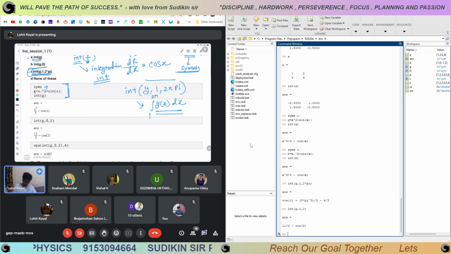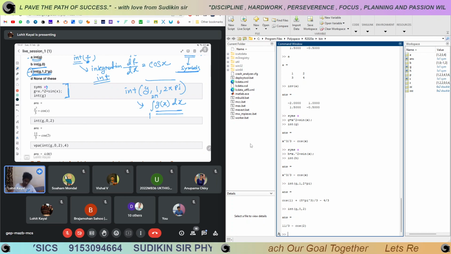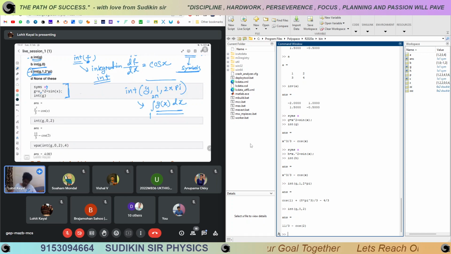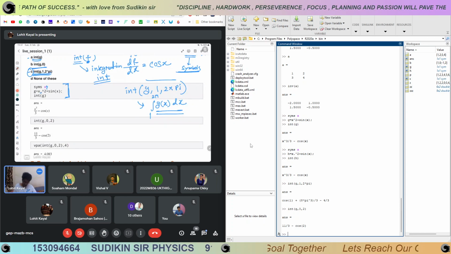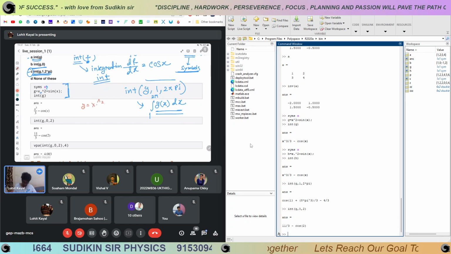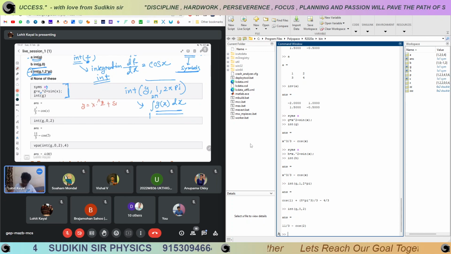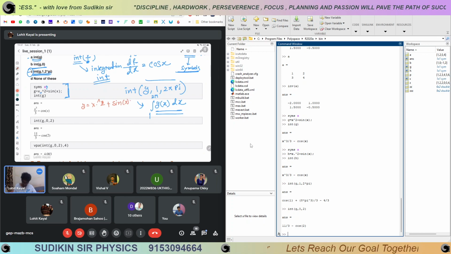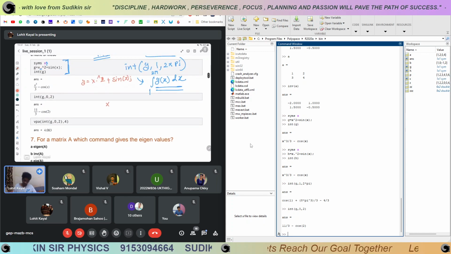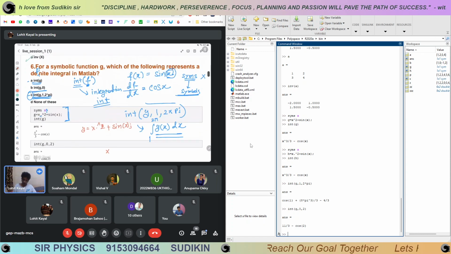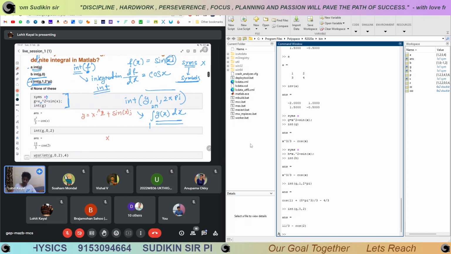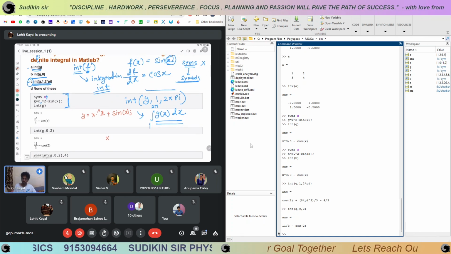Then I am writing g equal to x dot square plus sine x. Now remember this dot. So let me write it here: g equal to x dot square plus sine of x, semicolon. Now suppose x is a single number. Consider f(x) equal to sin x, df/dx equal to cos x.